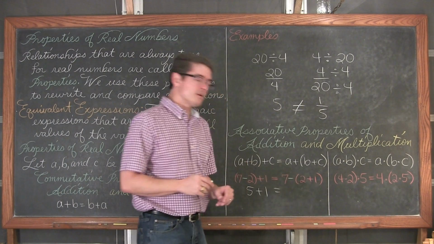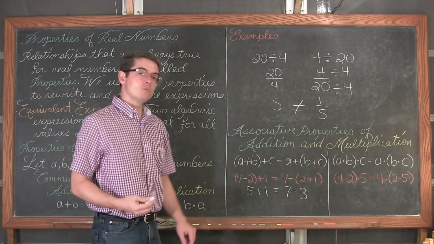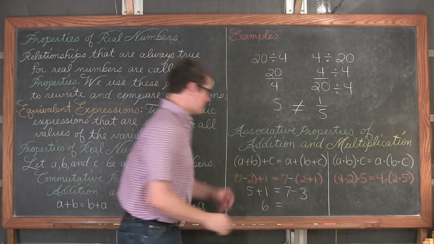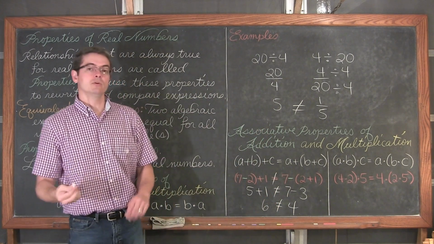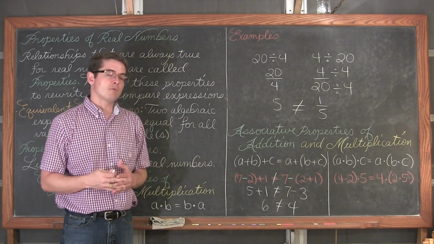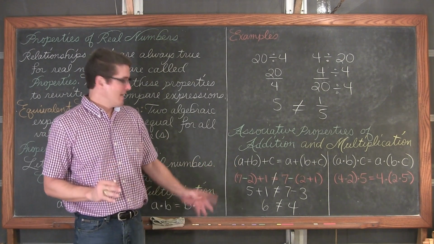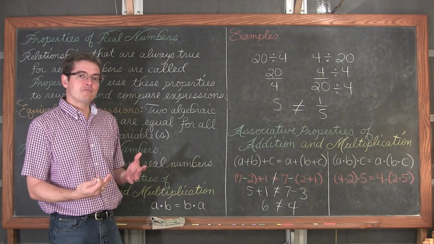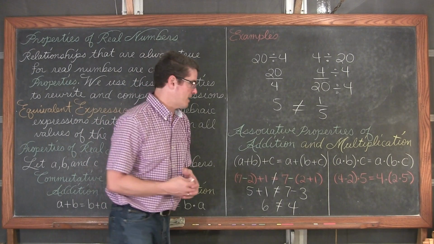And we have 2 + 1, which is 3. Well, 5 + 1 is 6. 7 minus 3 is equal to 4. And that, of course, is not true. So again, we have an associative property of addition, like my original example right before I changed it, which worked. I included a little bit of subtraction in there. Now, the associative property fails. That counterexample shows that we do not have an associative property of subtraction.